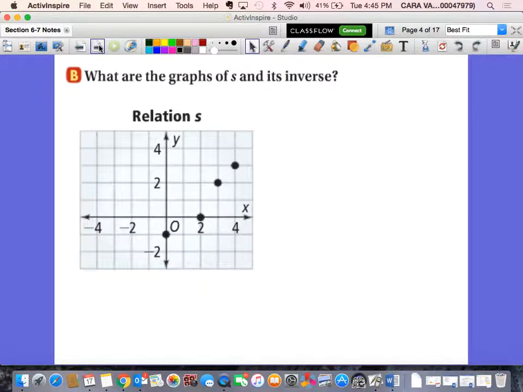It's not so simple though when we have a graph. So let's look at B here. What is the graph of S and its inverse? Now you notice you're given points. The easiest thing to do here is going to be to make a table. Let's take these points and make a table.